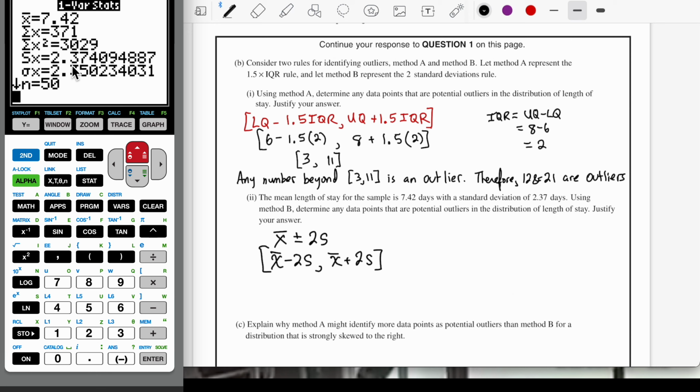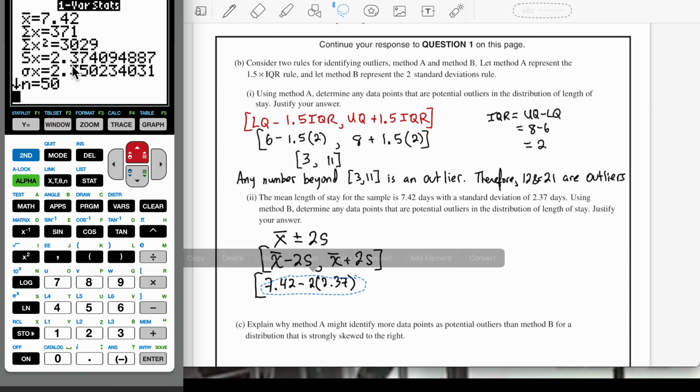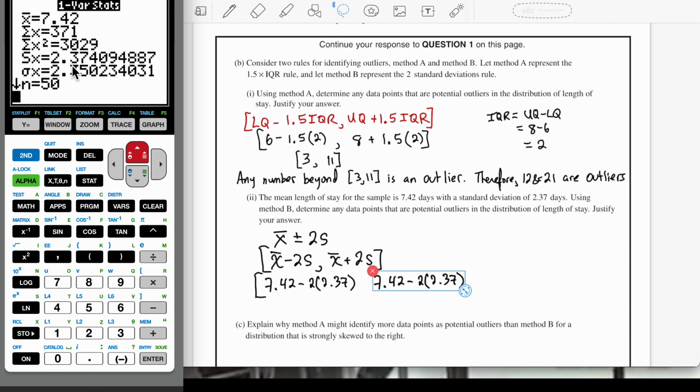Got to run those numbers. 7.42 minus 2 times 2.37. And then the same values, just with a plus sign. That's going to give us the set of usual values.